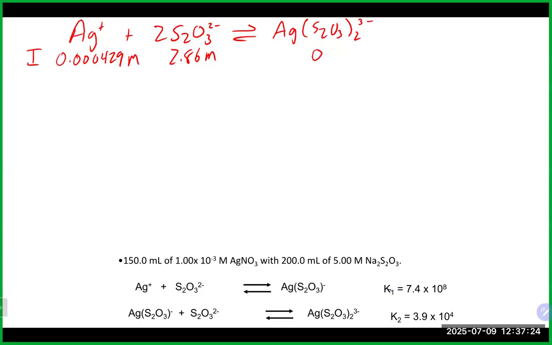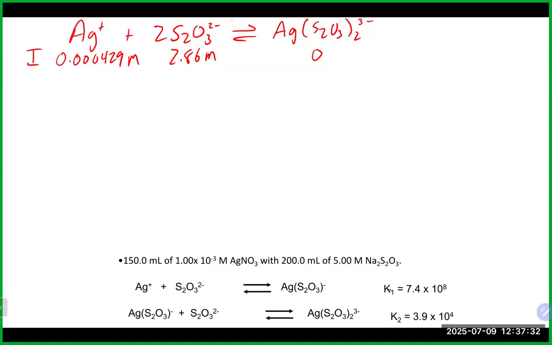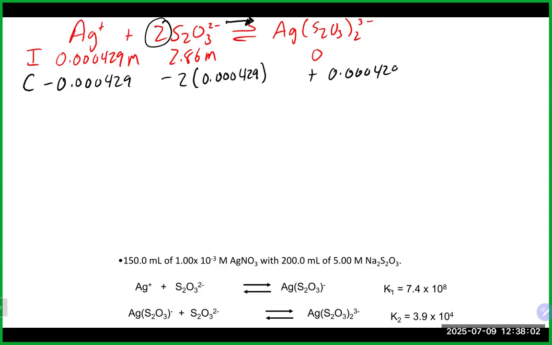Once again, because this is a complex ion formation, we also see our Kf value is large. We can make those assumptions that we talked about a second ago, and we are going to assume that even though this reaction is reversible, for all intents and purposes it is going in a one-way direction towards the products. That means our change will be our metal ion, as it should be tied up in that complex ion. We do still need to take care of the coefficient, so as we talked about, that's basically like minus 2x. So we have to take 2 times that value, as this number here is essentially x, and we need to add this number to the other side.